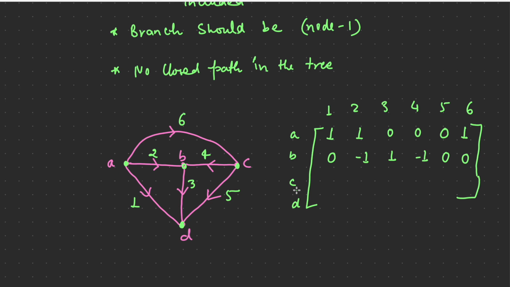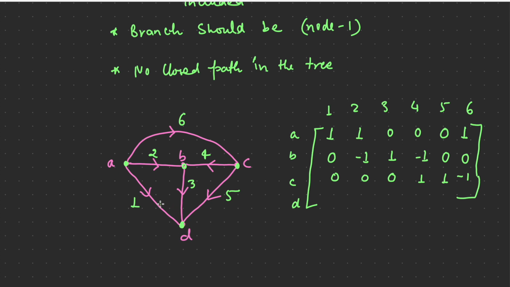For node C, outgoing are 5 and 4. So 4 and 5 will be +1. And 6 is incoming on node C, so it will be -1. The other 3 branches, 1, 2 and 3, will be 0. They are not connected with node C.